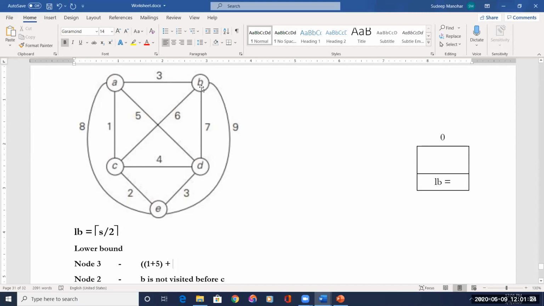Plus B. For B, A to D doesn't come. Therefore, as usual, it is 3 plus 6. Plus for C also A to D edge doesn't affect. Therefore, for C it is 1 plus 2.